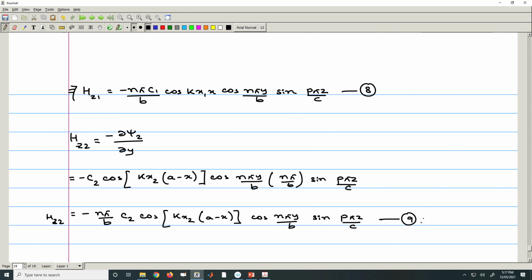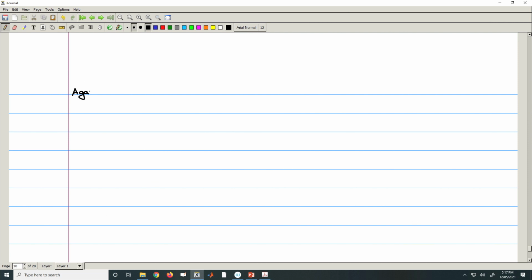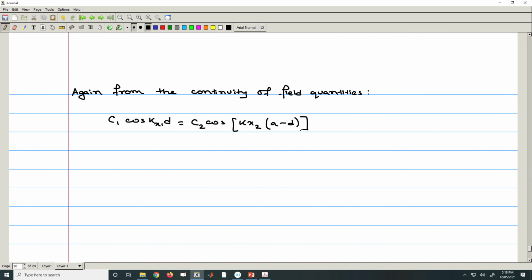Okay. So, again from the continuity of field quantities we can write C1 cos of k x1 d equals to C2 cos of k x2 a minus d, that is at x equals to d we are checking the continuity of the field equations.